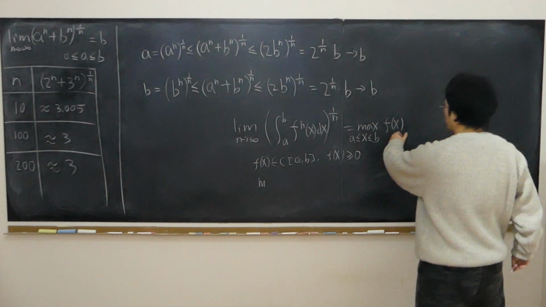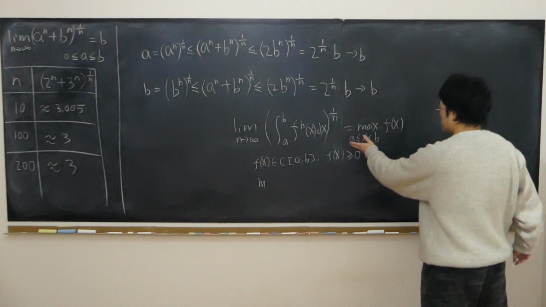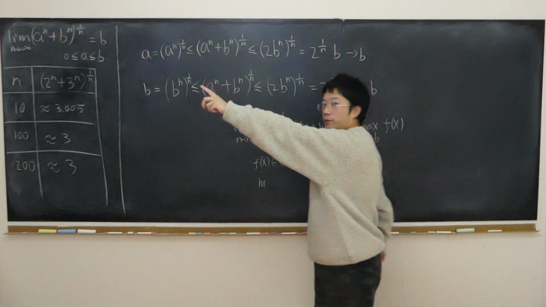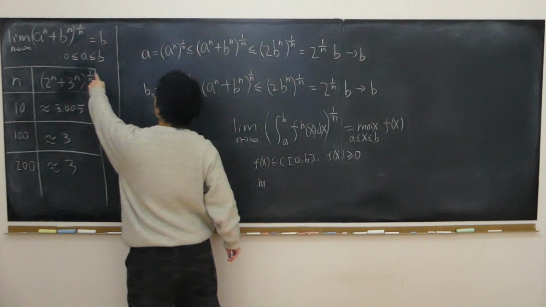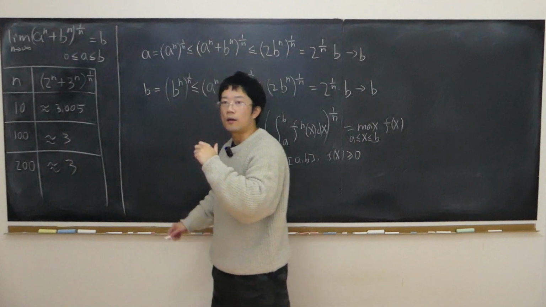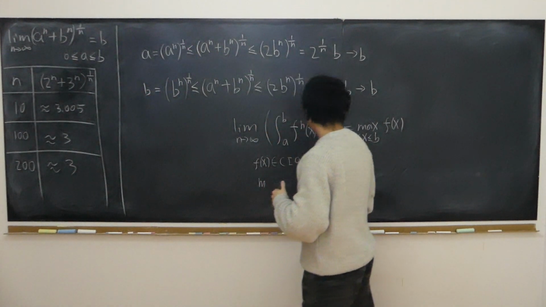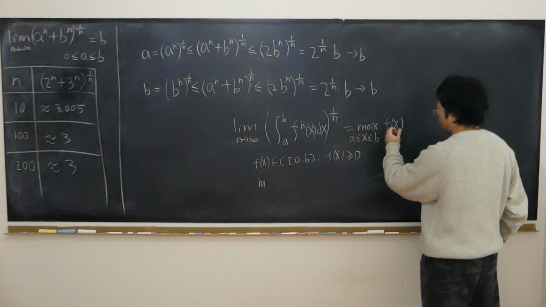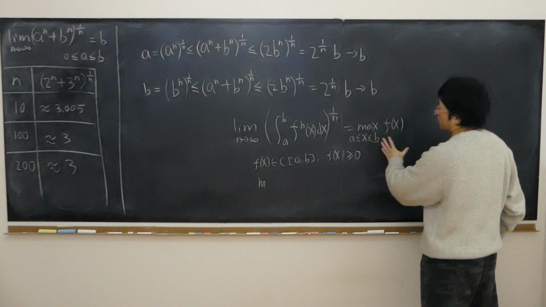That's the maximum value of the functional value over this interval, right? So in this discrete version case, we have b as our maximum value. b is the bigger one out of those two numbers, right? So in our continuous version, we say the maximum value of the functional value over this interval, right?